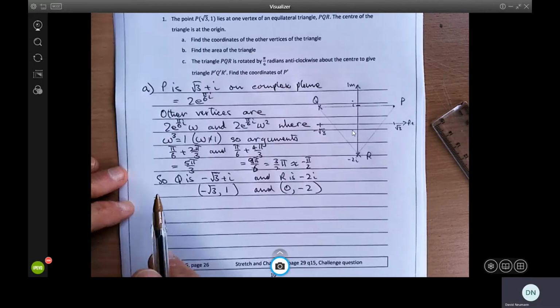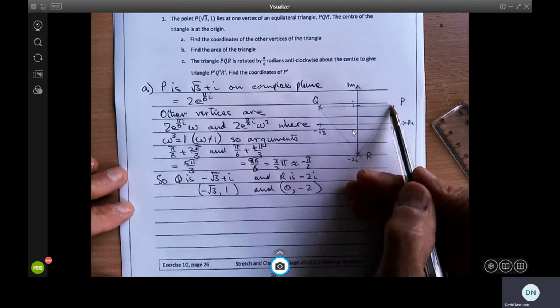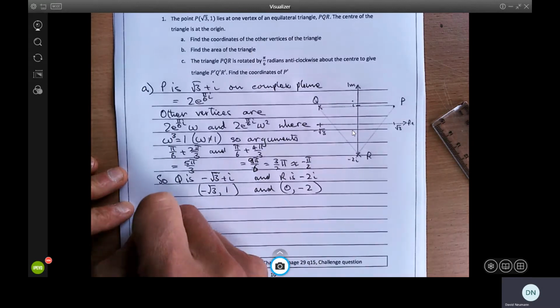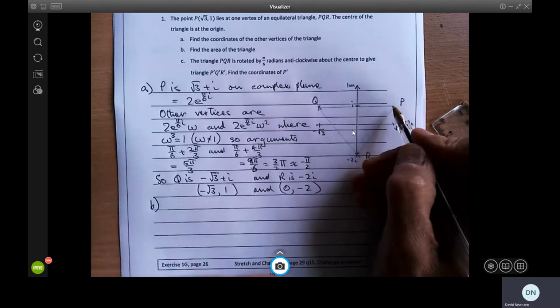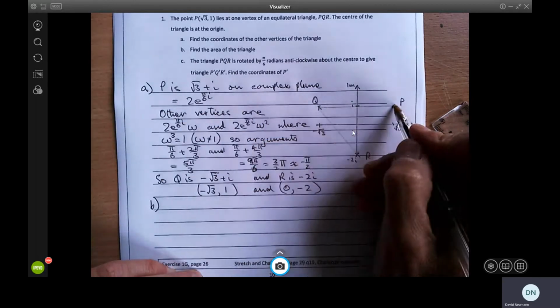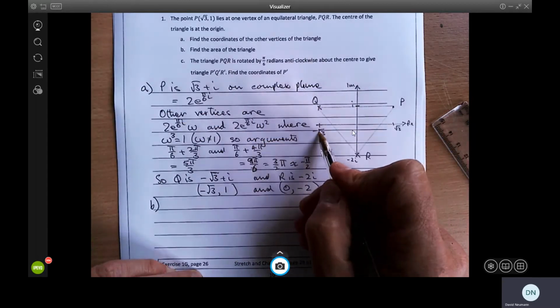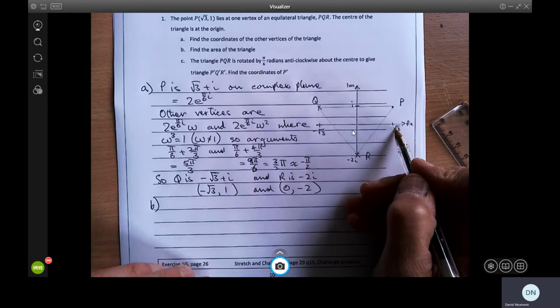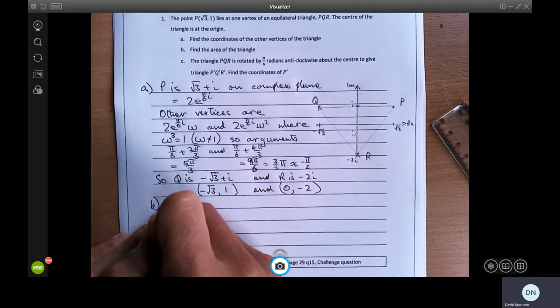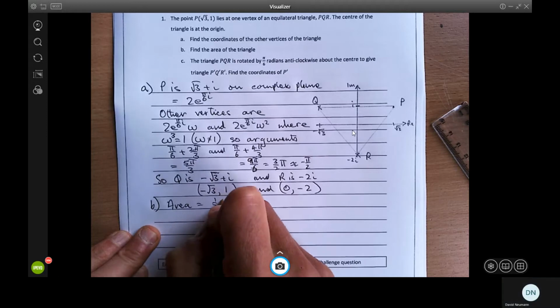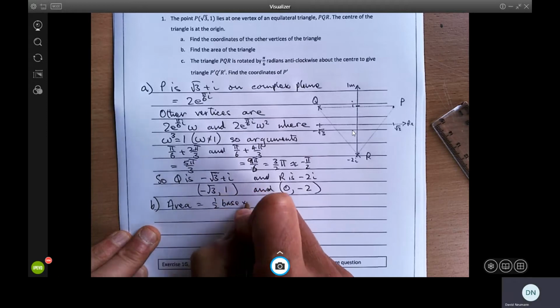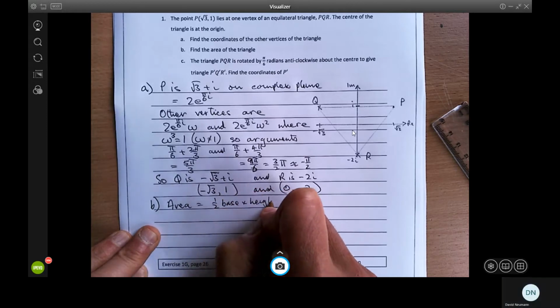Find the area of the triangle. Well, the area of the triangle is nice and easy to find now. We can say it's a half base times height. If you consider this the base, if you imagine flipping it the other way up, going from minus root 3 to root 3, that's 2 root 3. Area equals a half base times height.